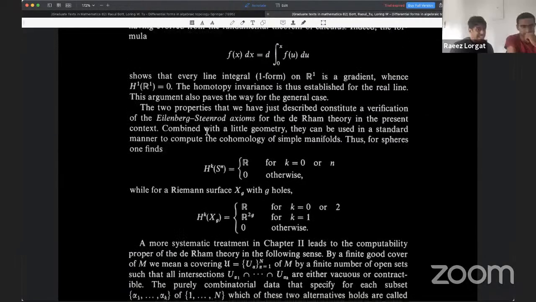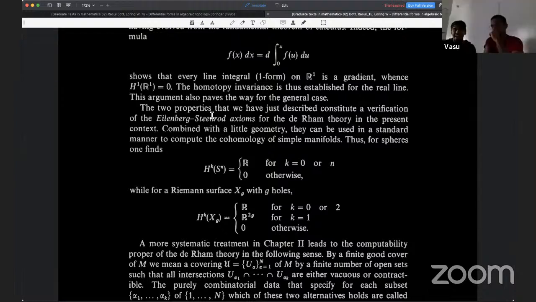The fact is that cohomology theories can in fact be defined by these properties. Homotopy invariance is one of the axioms of a cohomology theory. One can go so far as to say that differential forms form this perfect model in which we can see all of these properties on the nose through analytic or calculus constructions.